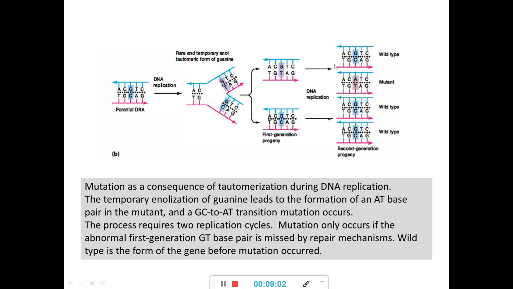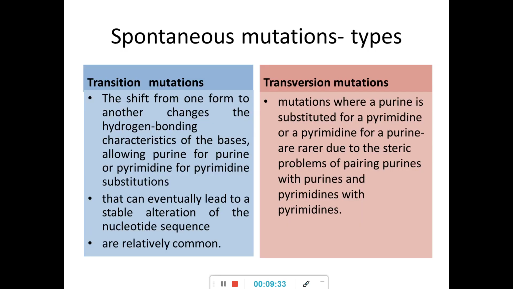Here the GT is converted into the wild type, and this is a mutant here. Instead of G here, the A is coming. So a mutant can be more evident in the second generation, and this process may not be identified by the DNA repair mechanisms.